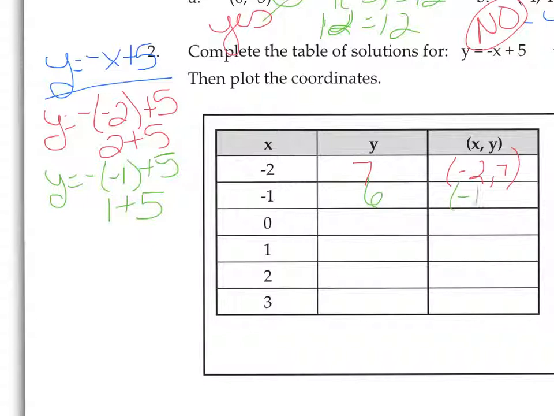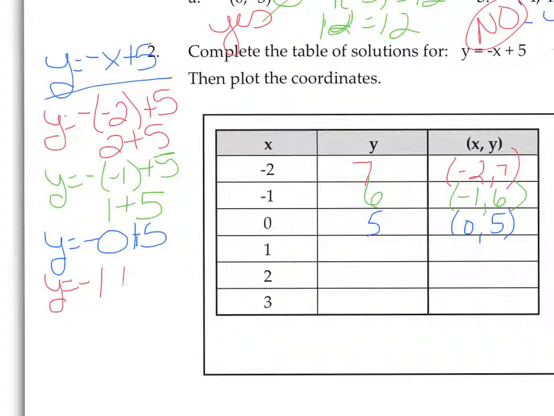So this is another ordered pair. Then we have y equals negative 0, which there really is no such thing, so it's just 0, plus 5, which is 5. So (0, 5). Next we have positive 1. So y equals negative 1 plus 5, which is 4.